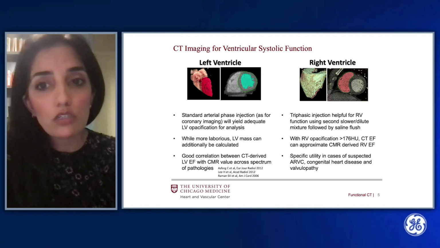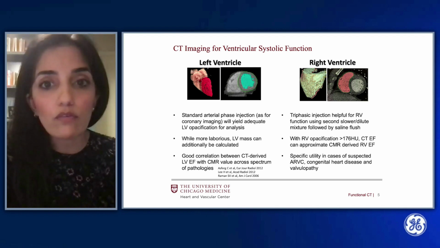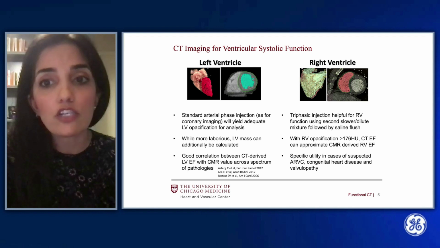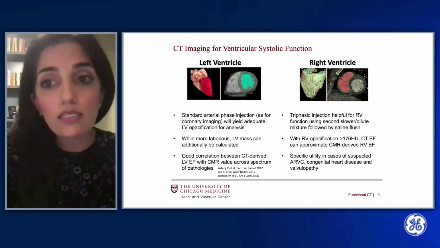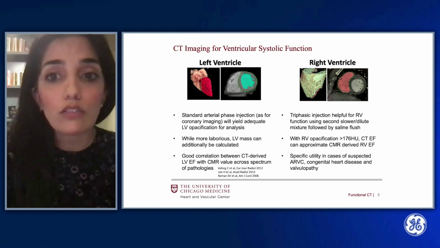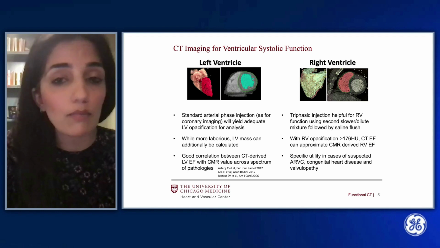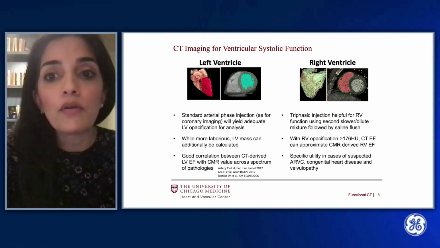As previously mentioned, beta blockers are not strictly required for the evaluation of cardiac function. If the left ventricle is the chamber of interest, a standard arterial phase injection bolus and flow rate will generally yield adequate LV opacification for analysis. Post-processing, which we'll briefly discuss next, can also evaluate LV mass, though this step can be more labor-intensive.